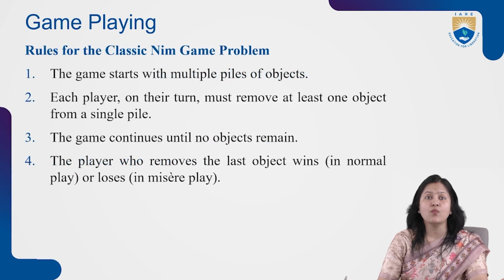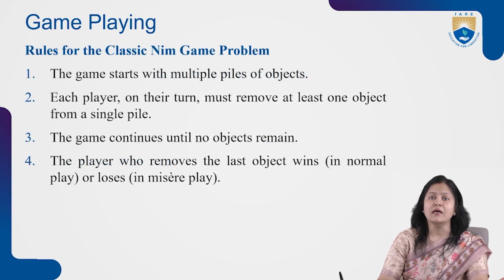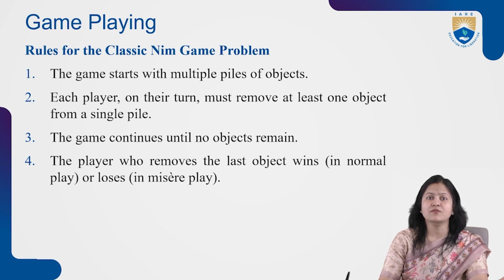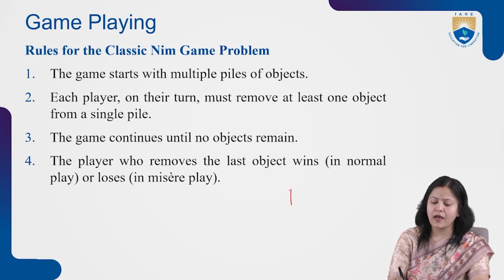So let me tell you the rules for the classical Nim game problem. These rules are visible on the screen. The game starts with multiple piles of objects. Each player on their turn must remove at least one object from a single pile. That means if we have 10 objects and two players are playing, the first player can remove one or two objects from the pile.